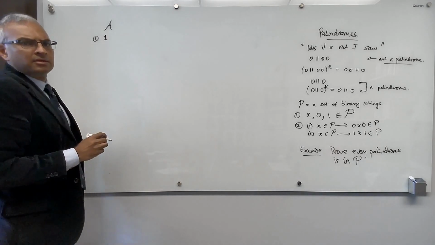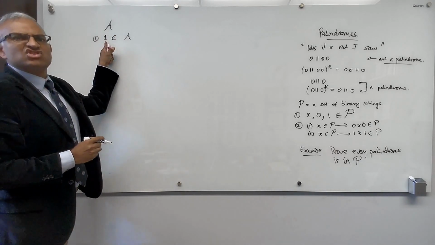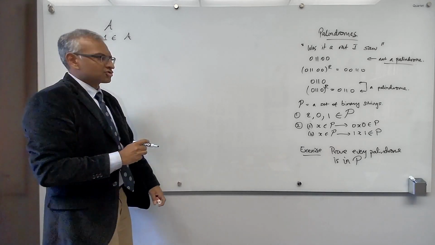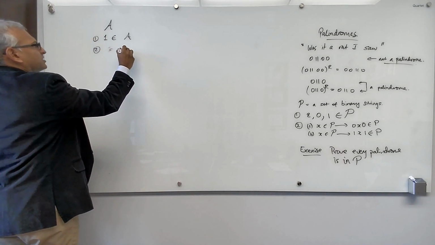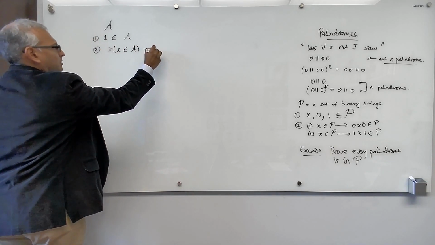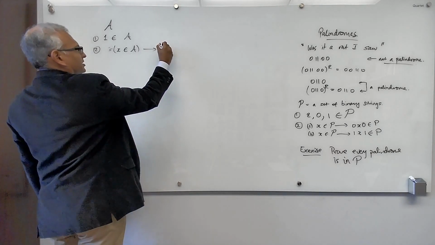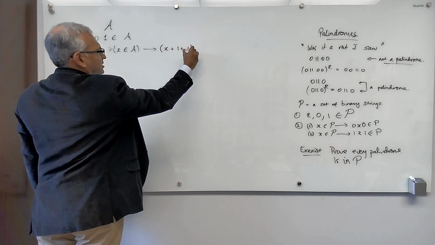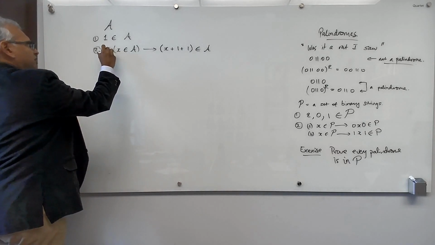The number 1 is in A. Now we're going to view this number 1 as a string. And there are 2 constructors. If x is in A, you construct a string which is an open parenthesis, x plus 1, close parenthesis, and that is in A. Okay, so that's my first constructor.